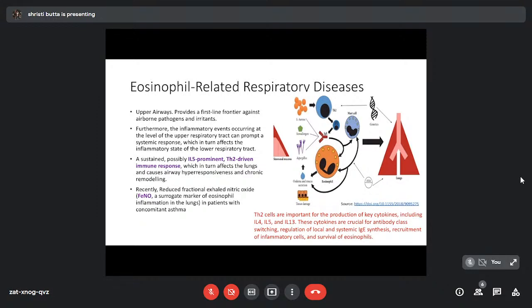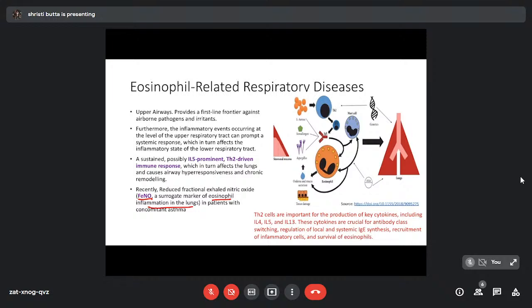The IgE typically binds to the Fc receptors on eosinophils and mast cells and allows for edema, mucus secretion, and tissue damage. Recently, it's been proposed that fractional exhaled nitric oxide, that is FeNO, is a surrogate marker for eosinophilic inflammation in the lungs in patients with concomitant asthma.